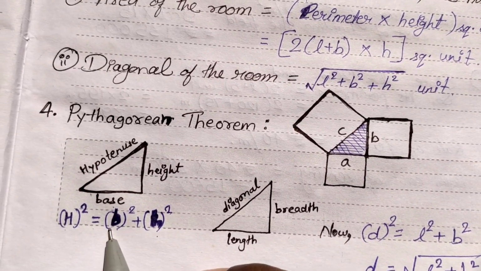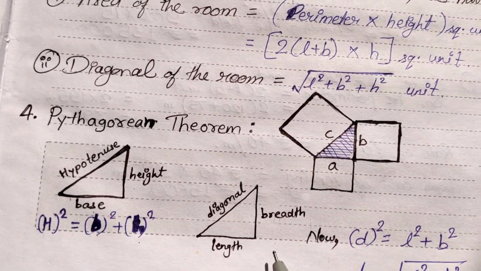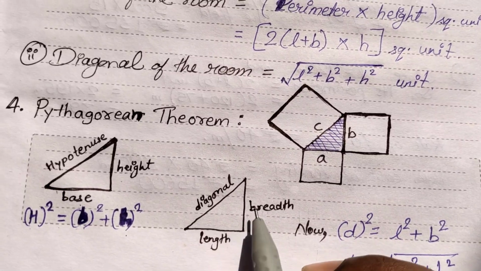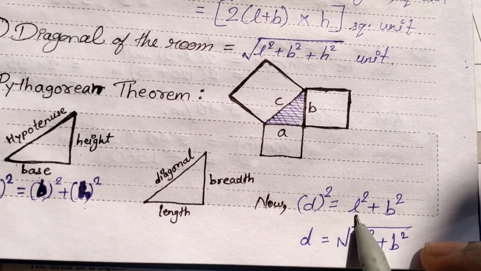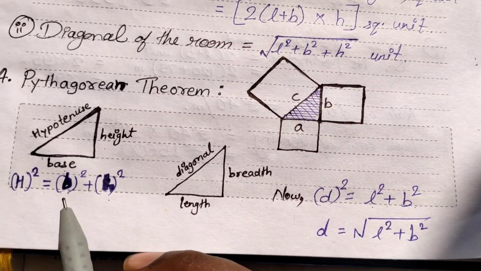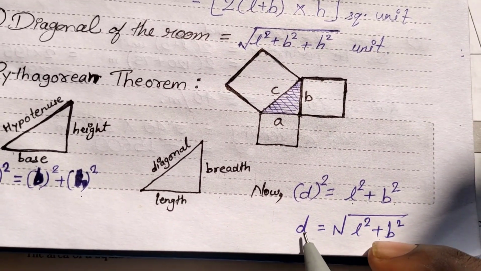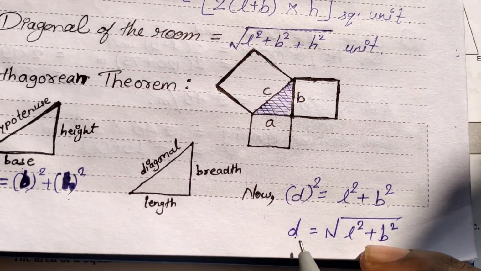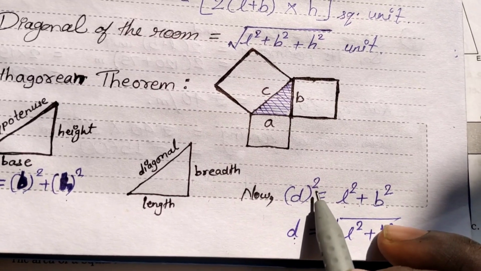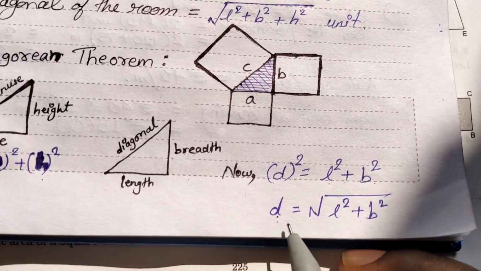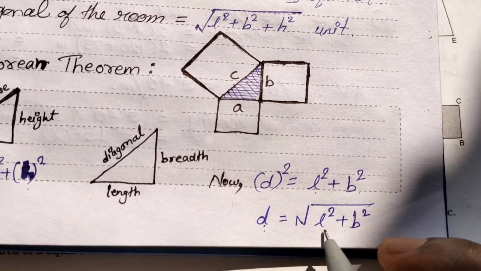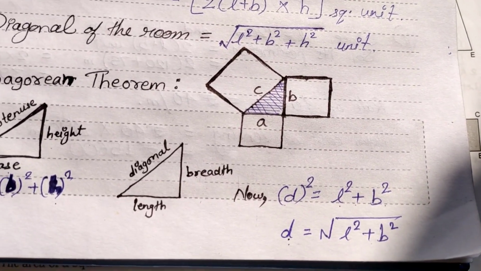We applied this formula in the square or rectangle like this: length, breadth, diagonal. Diagonal square is equal to length square plus breadth square. To find the diagonal, we transfer this square to the right side, so diagonal is equal to under root length square plus breadth square.